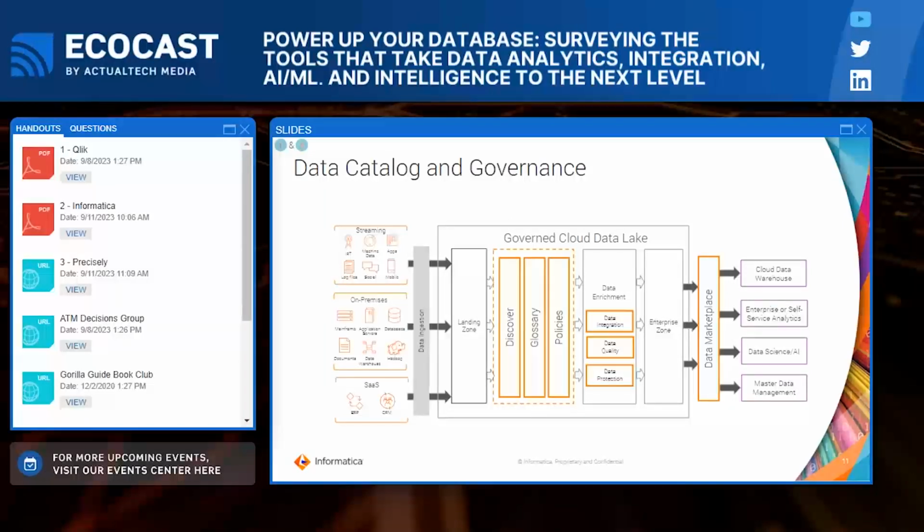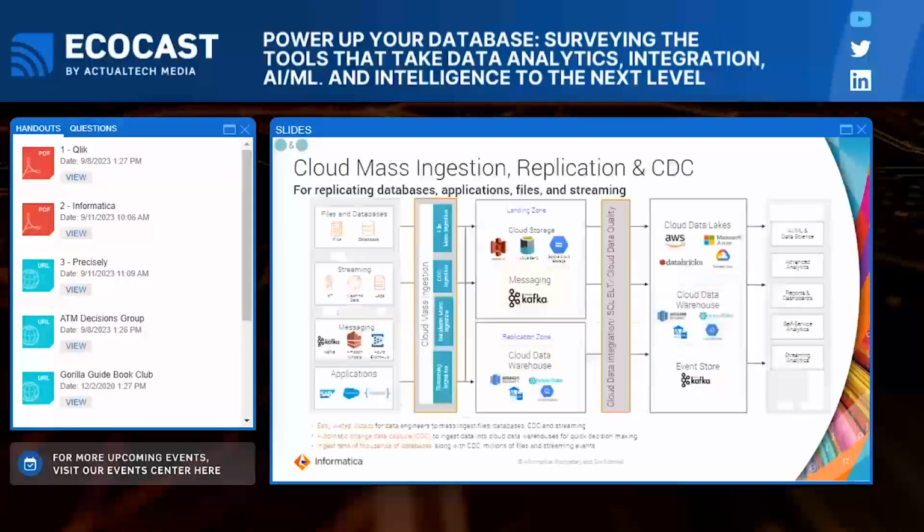Now, once you have identified the right data, you will need to ingest the data into your data lake. And that's where the cloud mass ingestion offering helps, with multiple patterns to ingest data. It supports streaming ingestion to load data generated from streaming IoT sources and ingest them into a Kafka queue or a data lake.